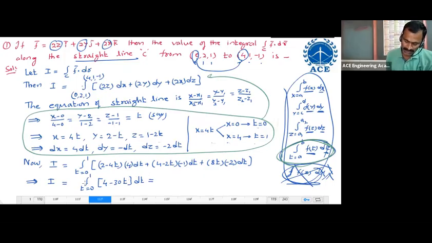Now observe this. It is an integral with single variable limits, a function of a single variable with respect to that single variable. This is in this form only, so we can evaluate directly. 4t minus 30 t square by 2 from 0 to 1.